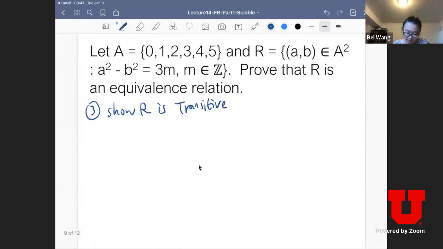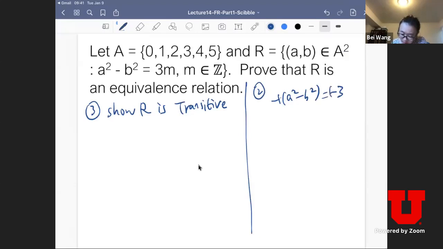Let's move on to the next page. This is still part 2. So now I have -1 times A squared minus B squared is equal to -3 times M. Do some rearrangement. I have B squared minus A squared equal to 3 times -M. Because M is an integer, I have -M is also an integer.